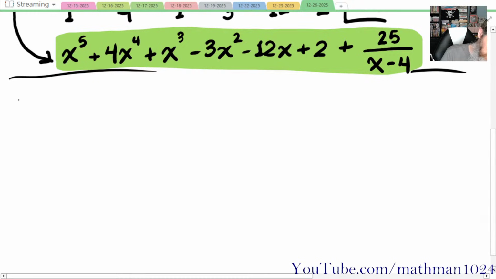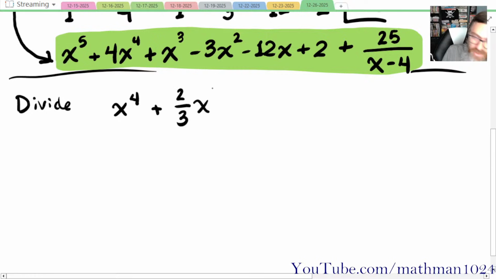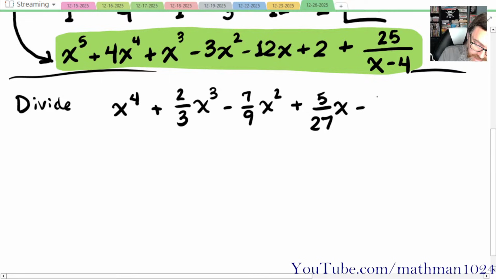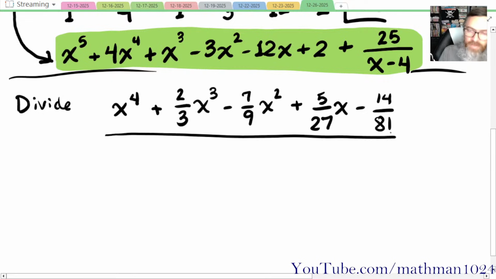All right, so I'm going to take x to the 4th plus 2/3 x to the 3rd minus 7/9 x squared plus 5/27 x minus 14 over 81, all divided by x minus 2/3.